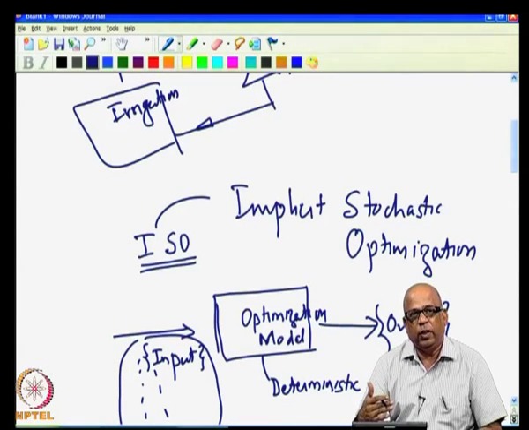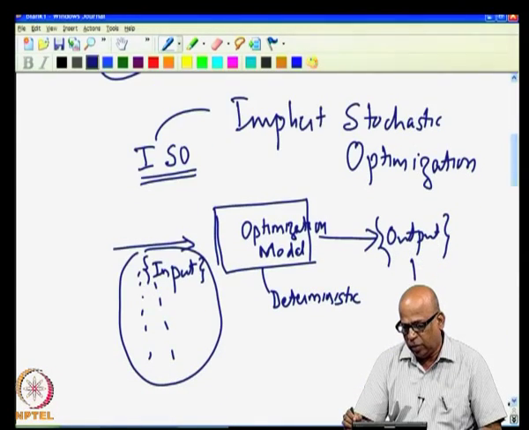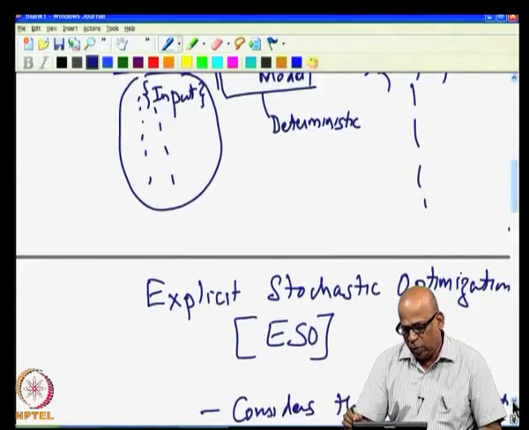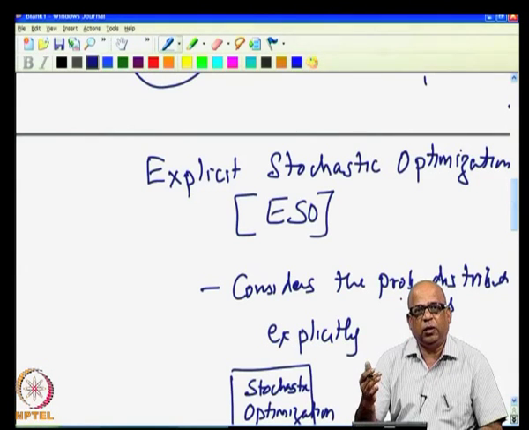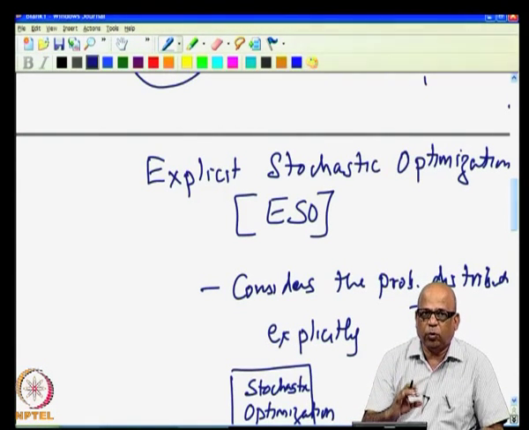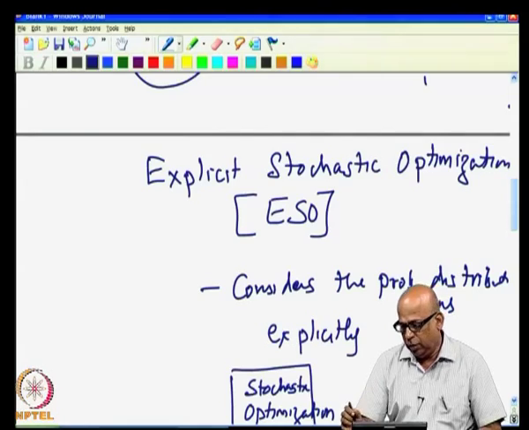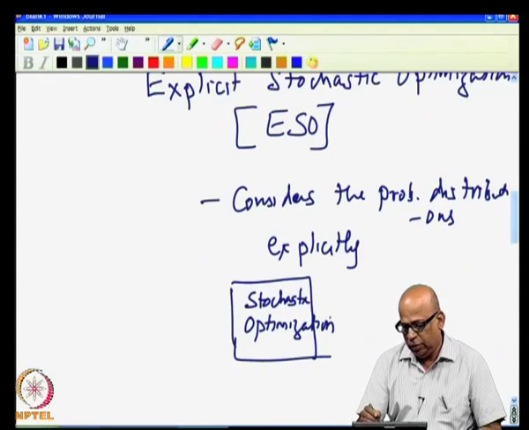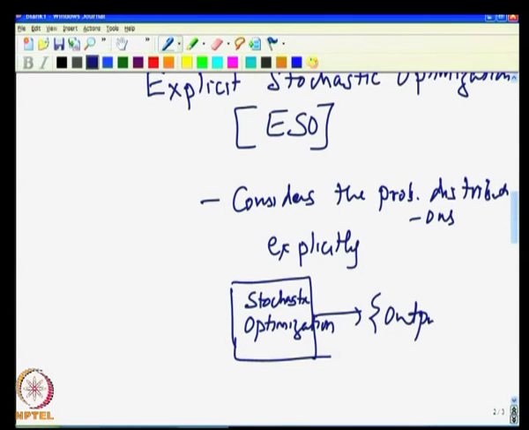Therefore, the optimization model is run several times, whereas in the explicit stochastic optimization model, the optimization model itself considers the probability distributions, and therefore, it is a stochastic optimization model. You run it only once, and then you get the associated decisions with the uncertainty.